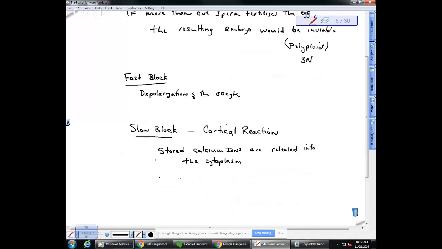And then this causes cortical granules to be released to the outside of the egg.